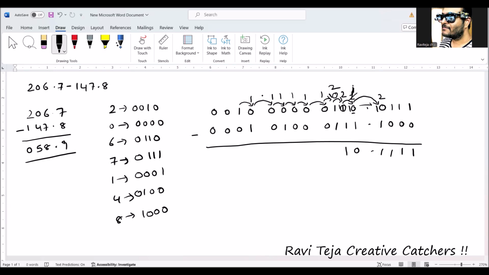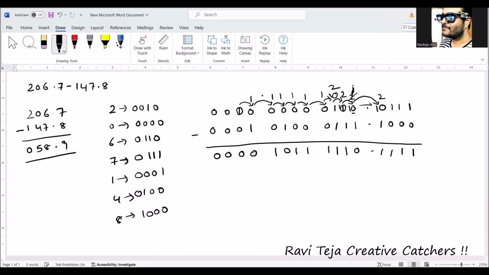And the 1 which has gone from here has become 0. So 2 minus 1 will be 1. 1 minus 0 will be 1. 1 minus 0 will be 1. 1 minus 0 will be 1. 1 minus 1 will be 0. 1 minus 0 will be 1. 1 minus 1 will be 0. 0 minus 0 will be 0, and the remaining zeros.